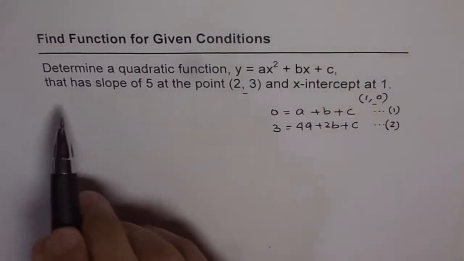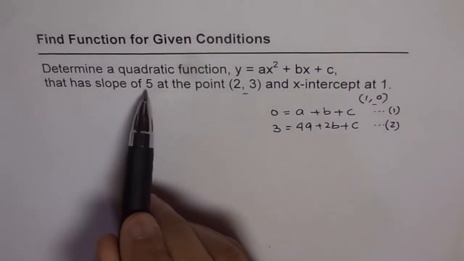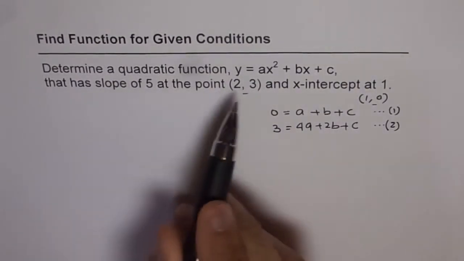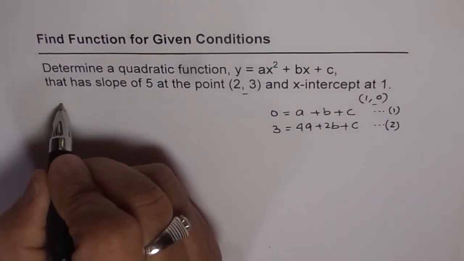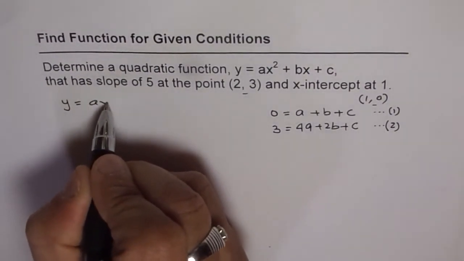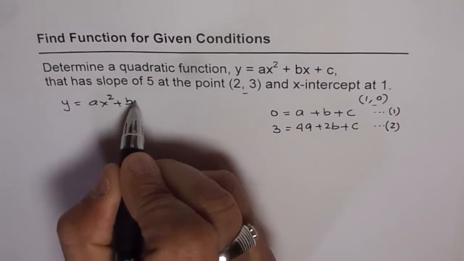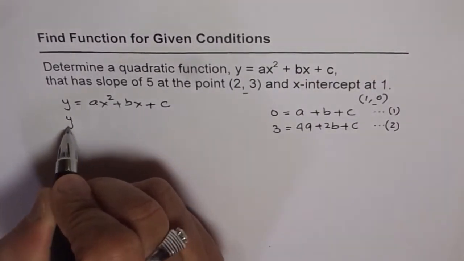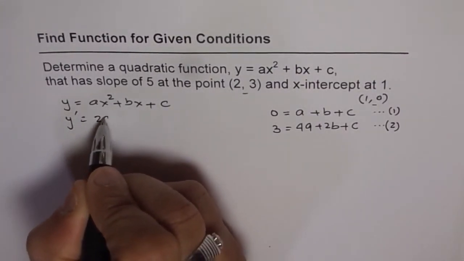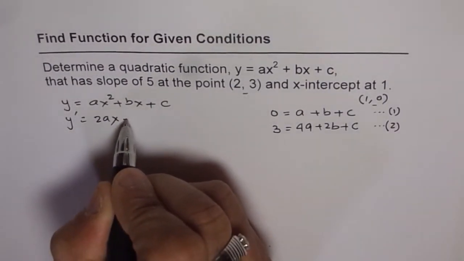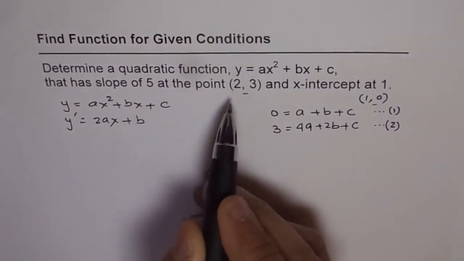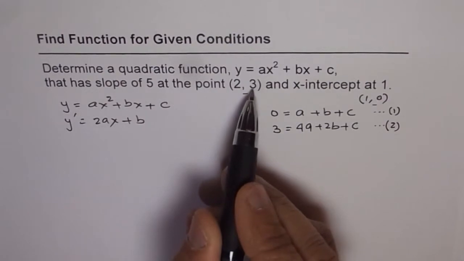Then we are given a condition that the slope is 5 at (2, 3). Slope means derivative. So we have the equation y equals ax squared plus bx plus c. What is the derivative? The derivative of this is 2ax, applying the power rule, plus b. Now we are given that at x equals 2 the derivative is 5.